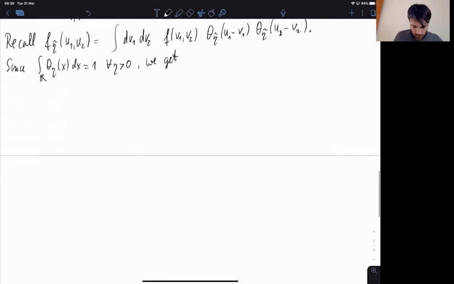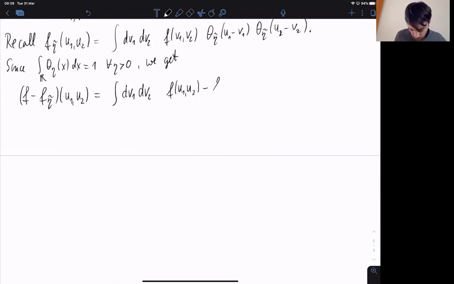Now I want to estimate this difference. The point here is that I will just smuggle everything into the argument. They are evaluated in u1, v1. So I smuggle in f of u1, u2 minus f of v1, v2, no absolute value yet.